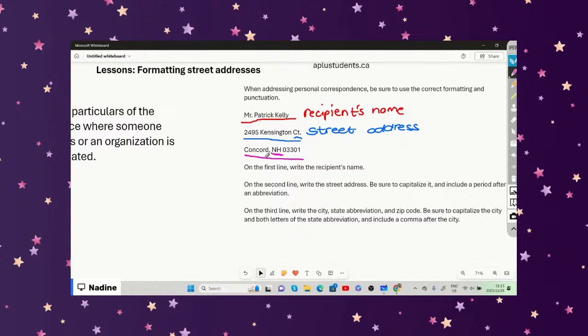So after the city, you put a comma, then we write the state, which is an abbreviation, and then the zip code. So this is basically where we write the city, the state name, as well as the zip code.